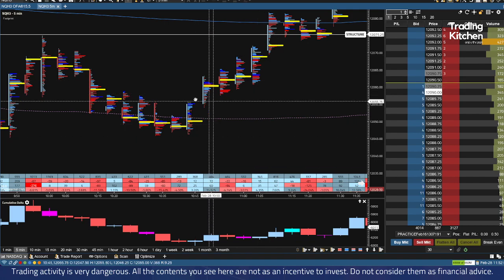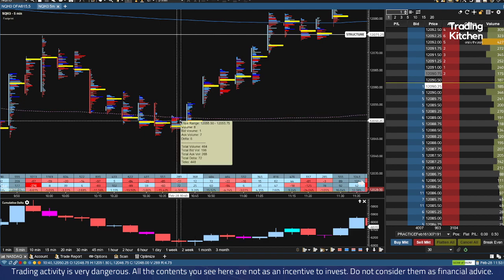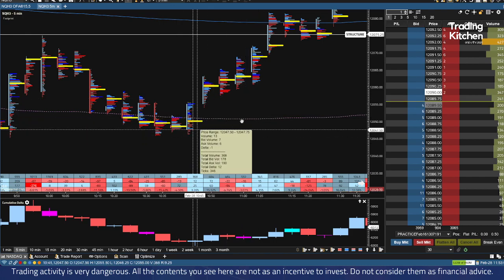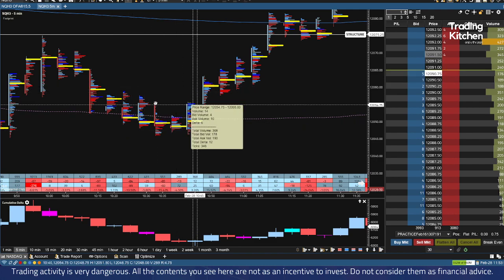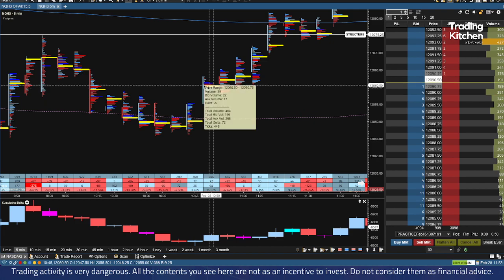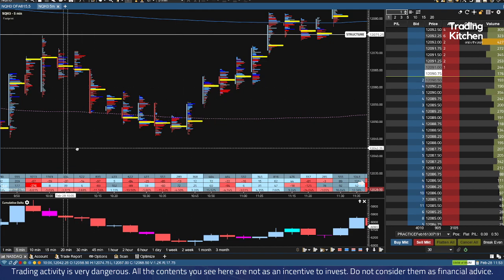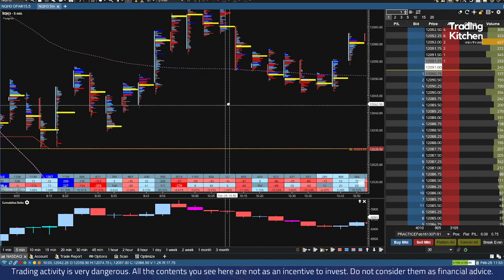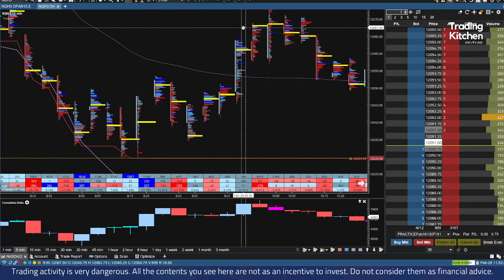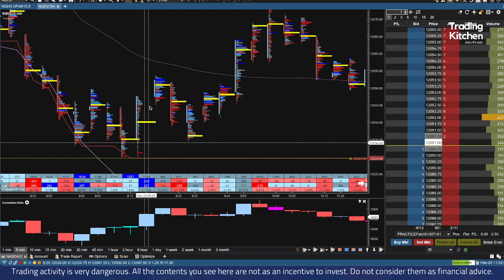Inside this candle I'm going to do a deeper analysis, looking at how price developed inside this movement, the same thing at the beginning of the impulse, so here.